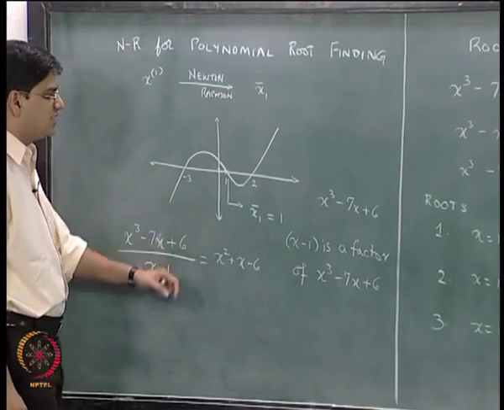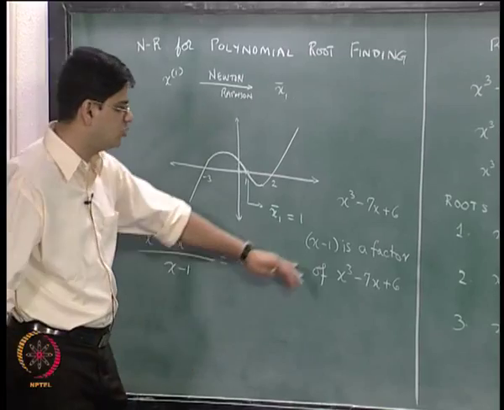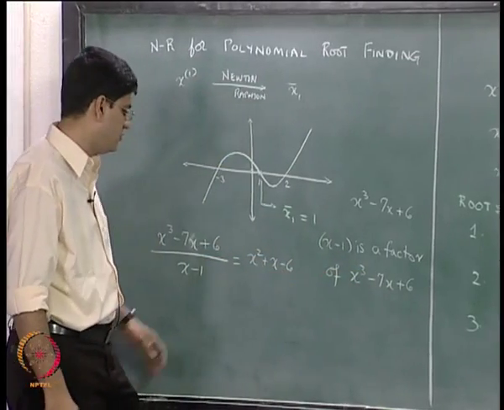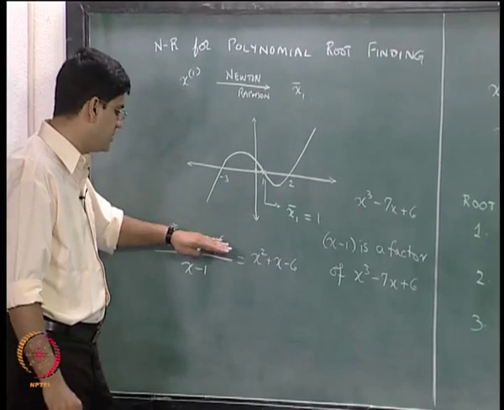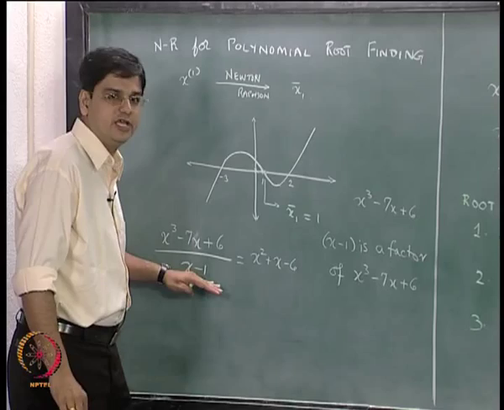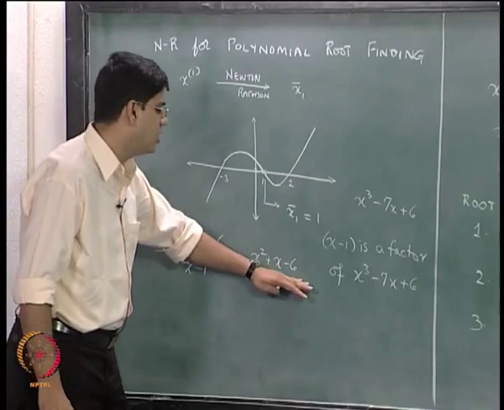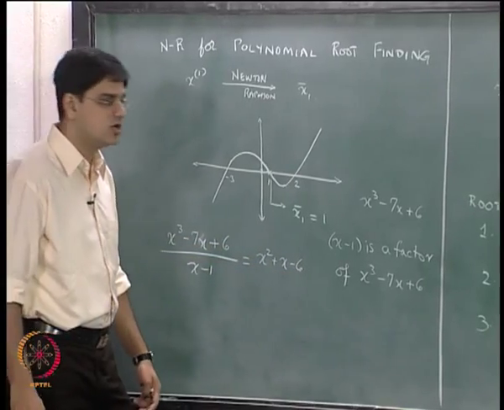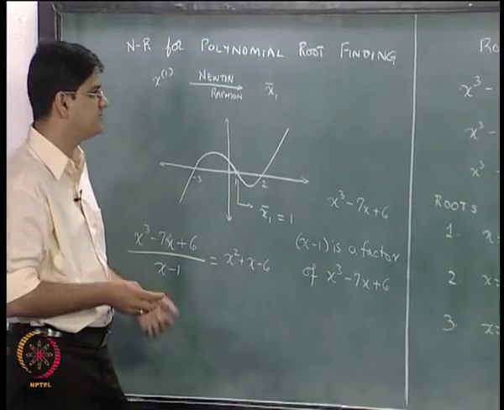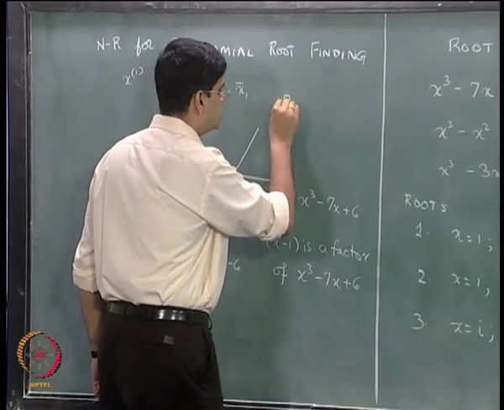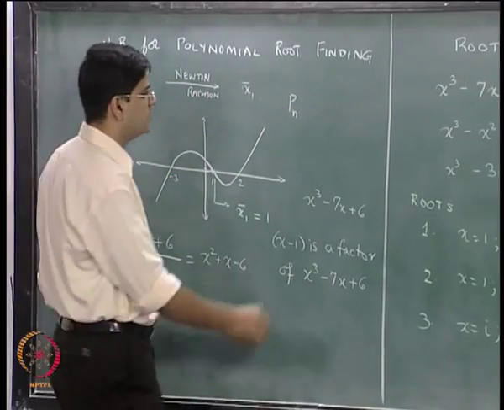So we started with a polynomial of third order. We used the Newton-Raphson's method to find one of the roots of that polynomial. Once we found that root, we divided the original polynomial by x minus the root that we have found, and we got a polynomial of one order lower. Let's represent our polynomials as P subscript n, where n represents the order of the polynomial and P represents that it's a polynomial.